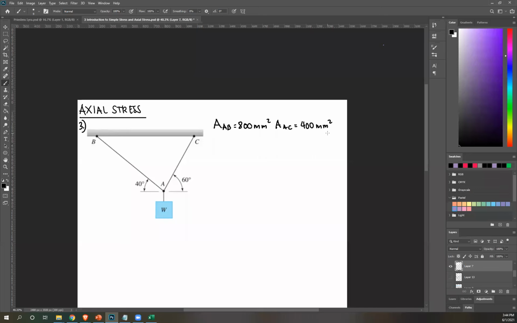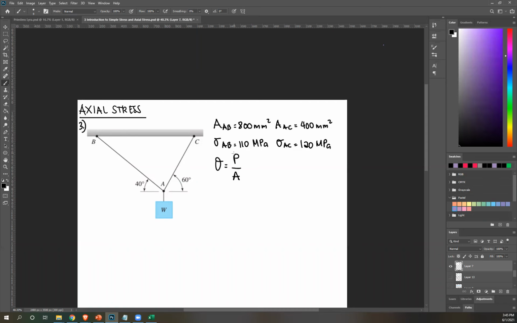And then we have working stresses for AB, 110 MPa. And then for AC, it's 120. That's our given.